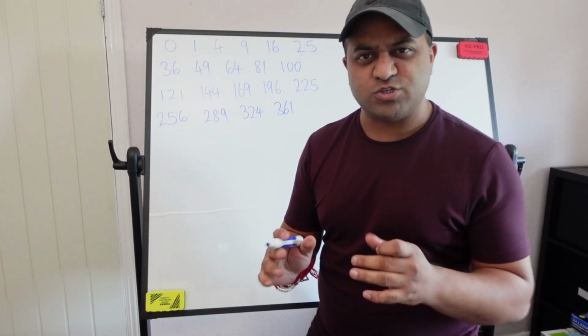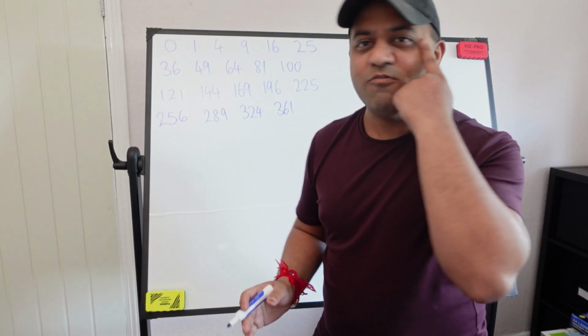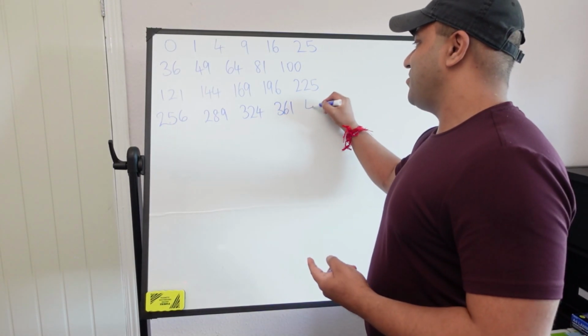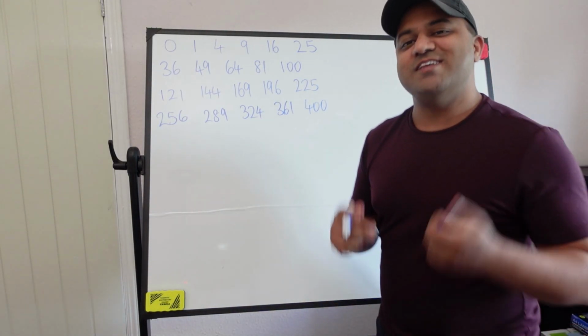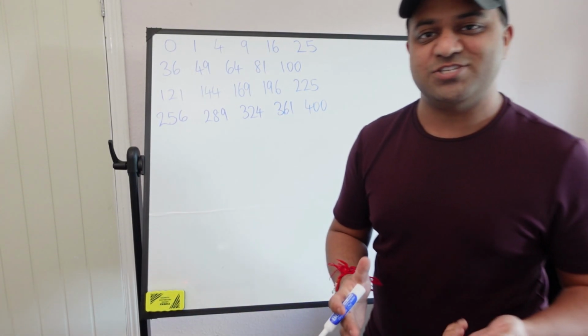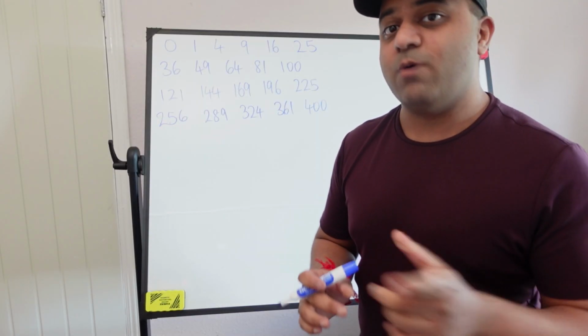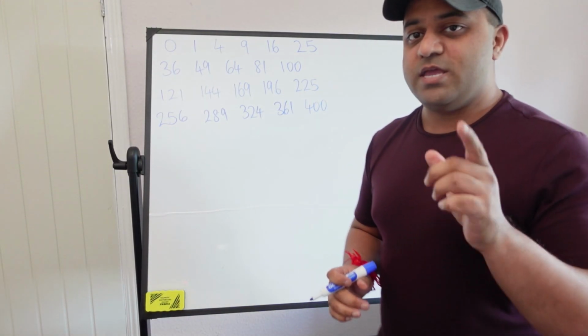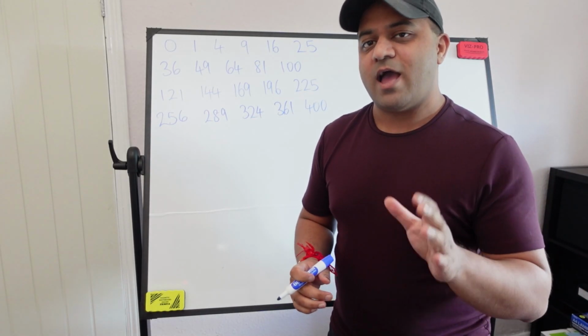And the toughest one of all, 20 squared, let me think about that, 400. I'm just kidding about that last one. So, these are the list of numbers if you really want to challenge yourself and recognize that these are square numbers.